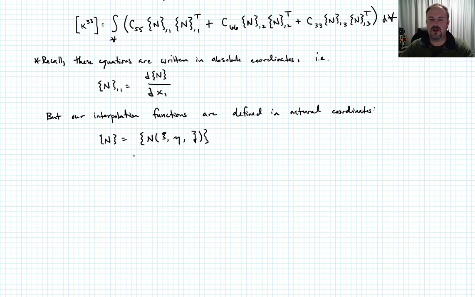So the question becomes, how are we going to handle this? What do we need to do to complete these integrals? We've talked before, we want to use Gauss quadrature. For that, we need to put these integrals in natural coordinates, but it also means we're going to have to do some mapping. So that's where we're headed next. Now you know what the answer is in terms of integral forms. Now we need to talk about how we actually go about solving those integrals. That's going to be the topic of the next couple lectures.